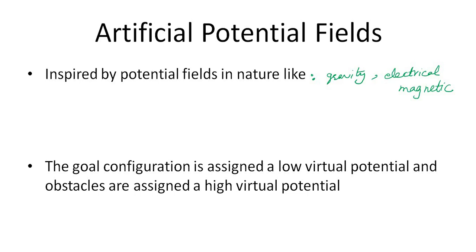They are sometimes called virtual potential fields because they are virtual. We create them virtually for the robots, but actually they don't exist. Fields like gravity, electrical, or magnetic fields are real fields.